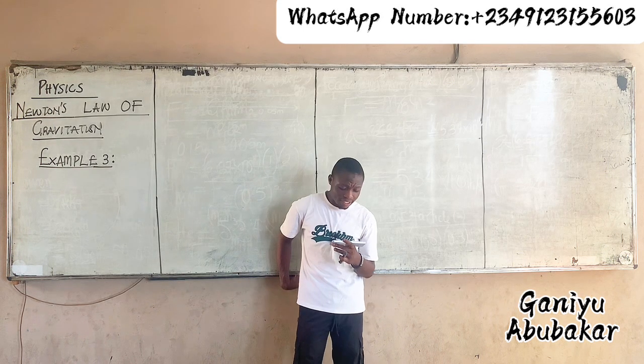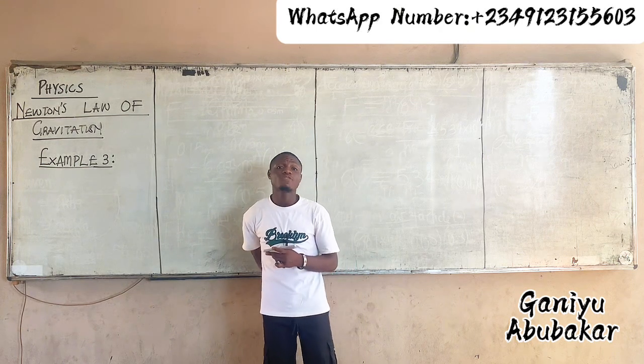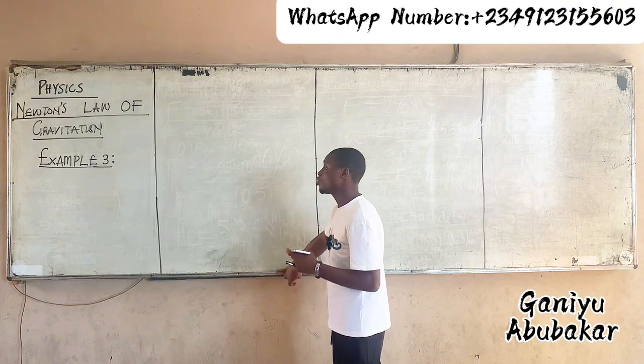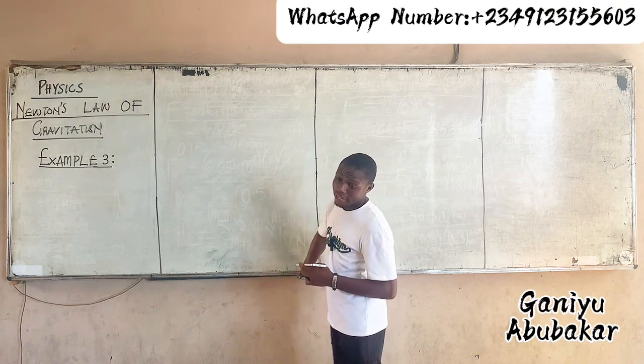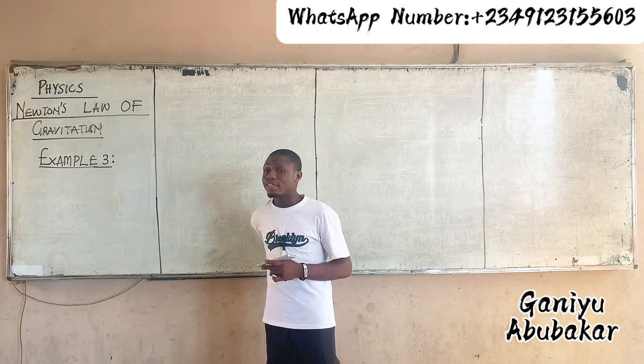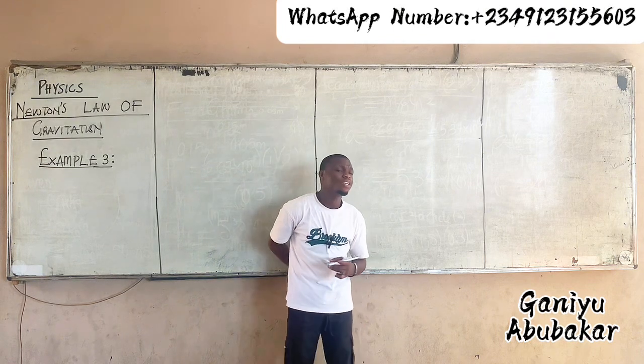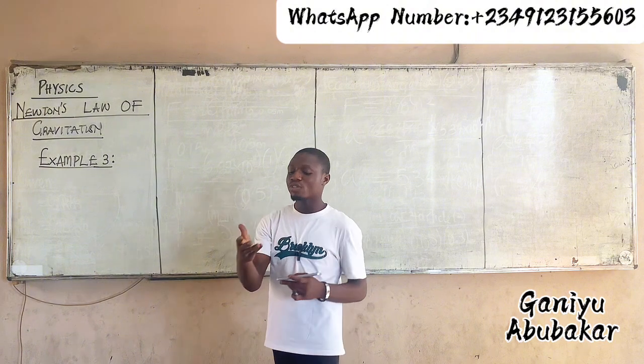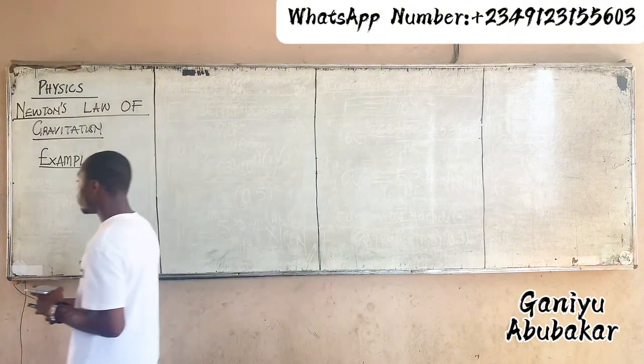It's as easy as the task says: find the distance, and we said distance in this topic is just your r. I established that r is your distance, so we have to find r in this question. So the very first task, let's list out the given parameters.